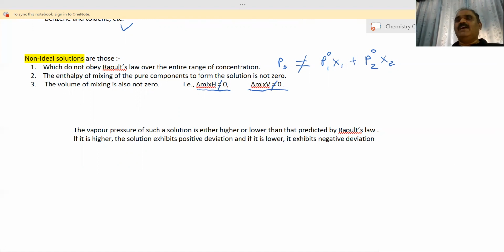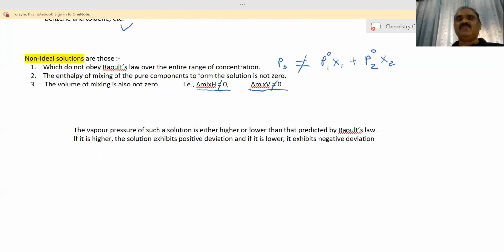For example, I am mixing 25 milliliter component 1, liquid 1, and 25 milliliter of liquid 2 together. The total volume would be 50, but it is not 50. It is either less than 50, say 49, or more than 50, say 51. Then that means delta V mixing is not zero. It is either positive or negative.